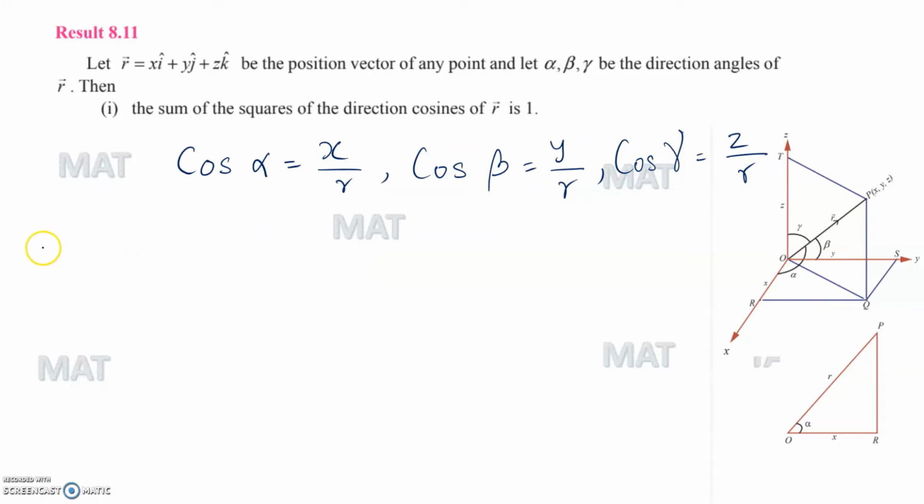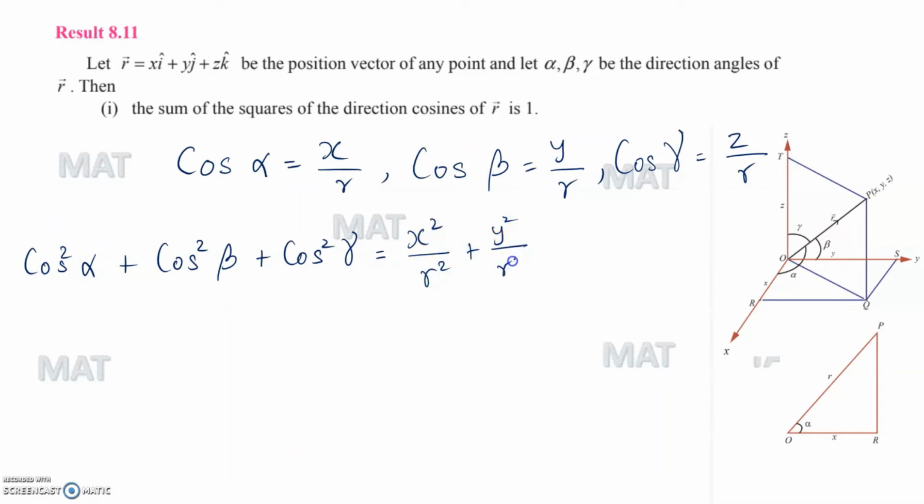So the sum of the squares, cos squared alpha plus cos squared beta plus cos squared gamma, will be equal to x squared by r squared plus y squared by r squared plus z squared by r squared. Simplifying further, we will get r squared as the denominator, and the numerator will be x squared plus y squared plus z squared.